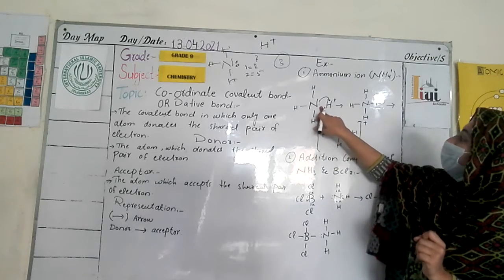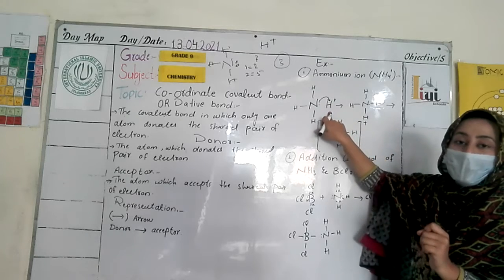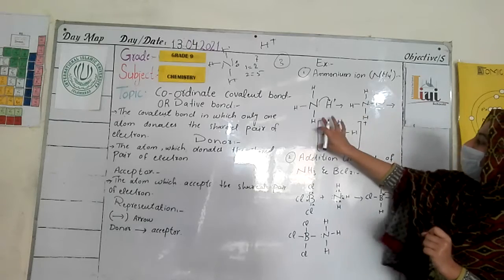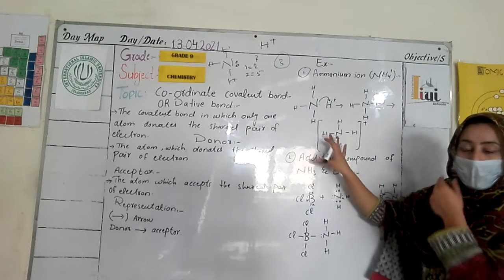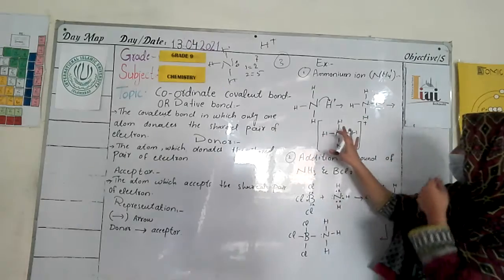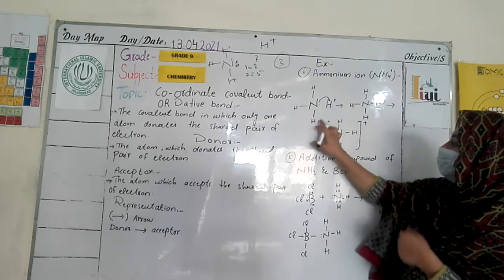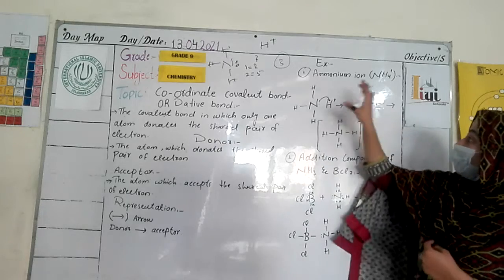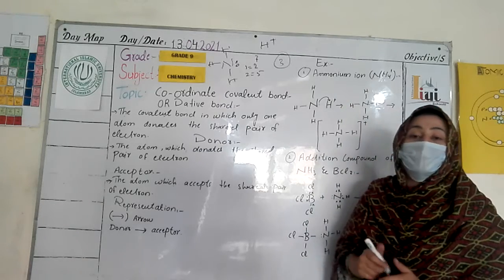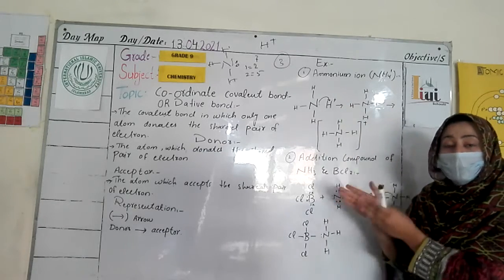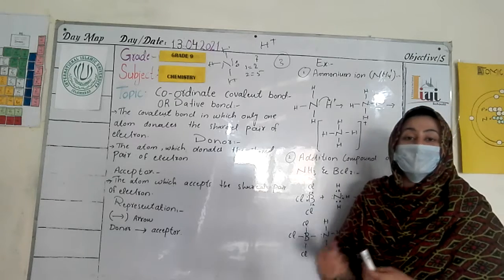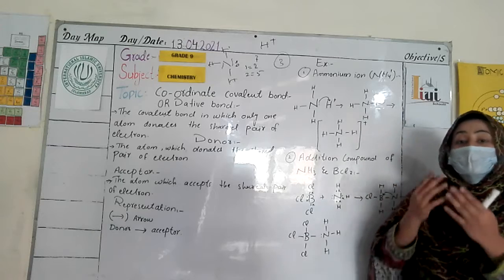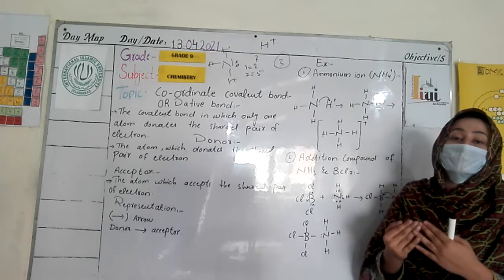So what will happen? Nitrogen donates its electrons to hydrogen and makes a bond, and therefore the ammonium ion is formed, and the positive charge comes on the whole ion. So in this example, the coordinate covalent bond is formed between nitrogen and hydrogen.